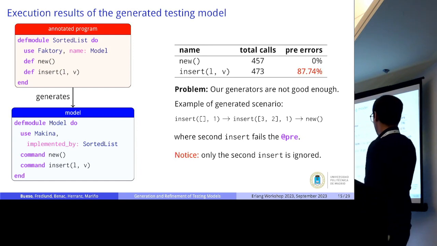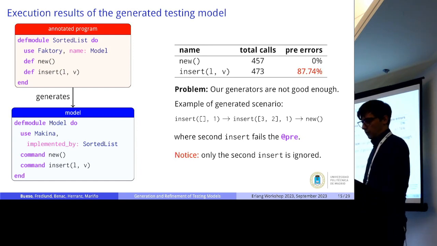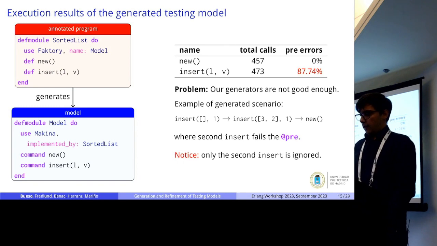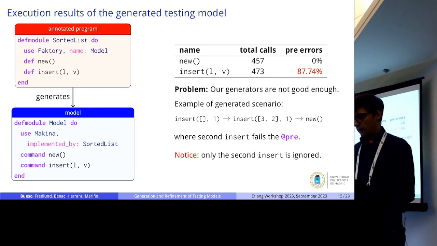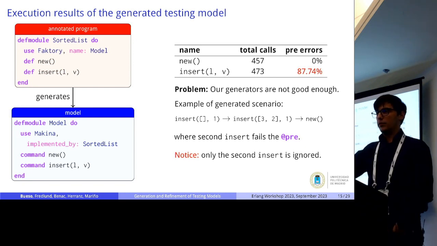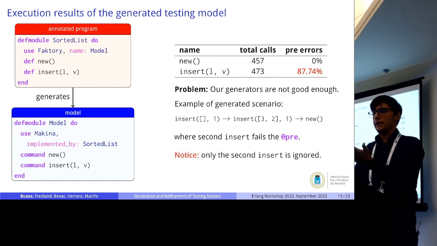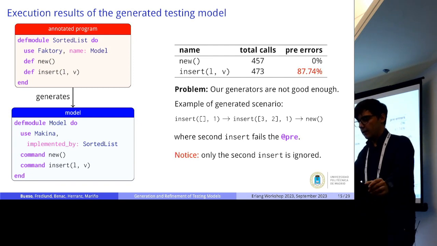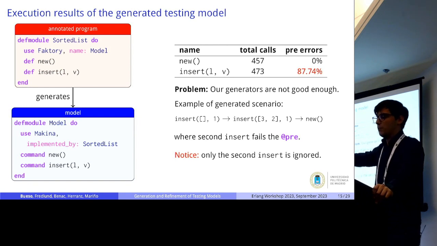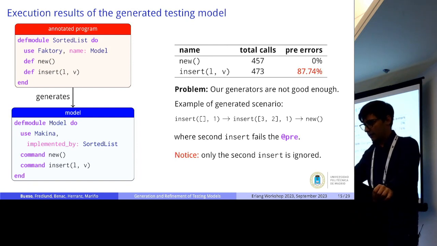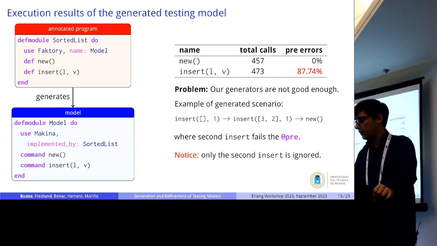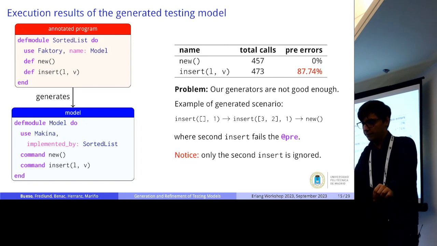Here we see an example of a sequence that our model could generate, where the second generated command will not pass the precondition, so it will be ignored. Notice that the first one will be executed, the third command will also be executed correctly, but the second one is ignored. This is where all this 90% is coming from.